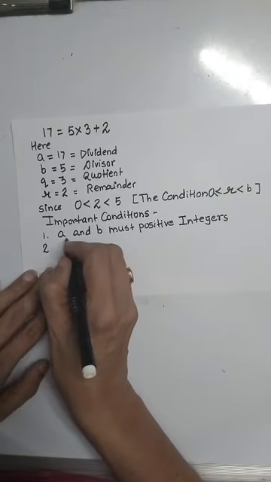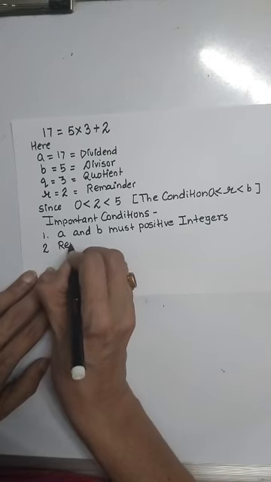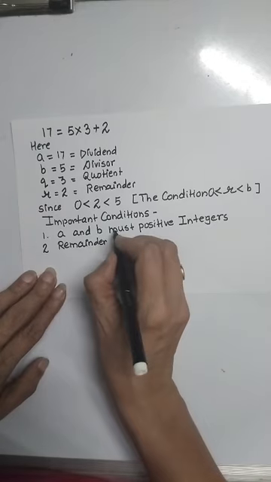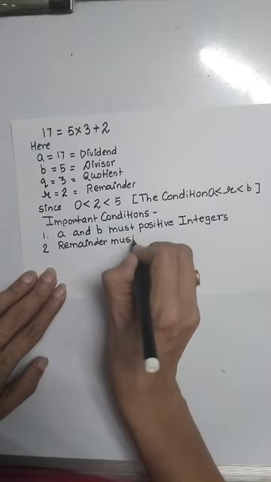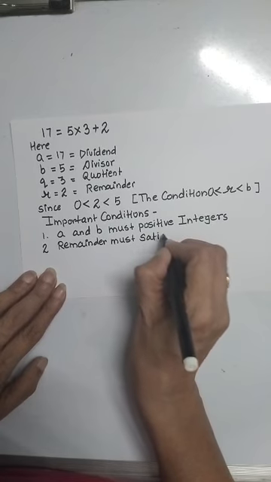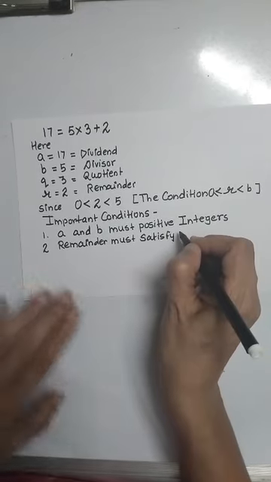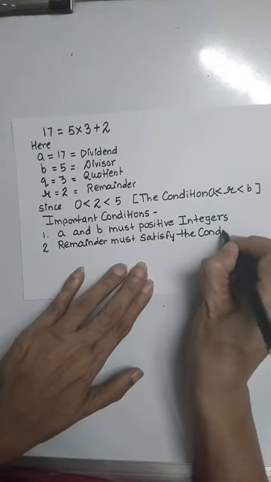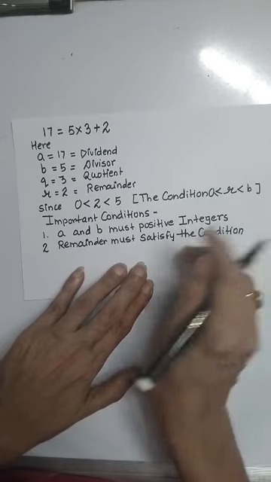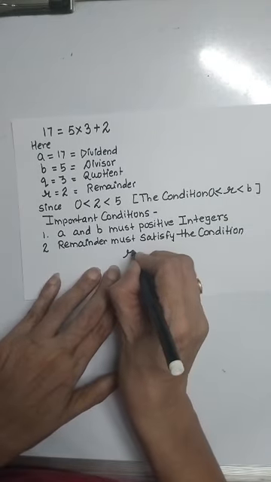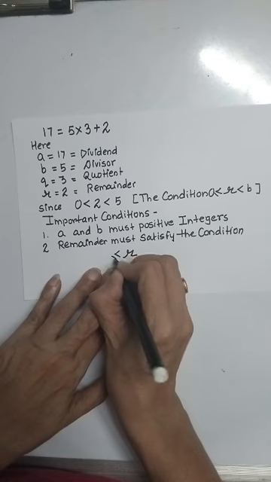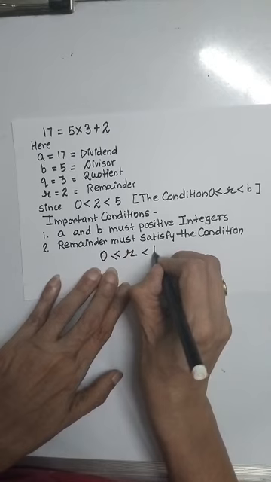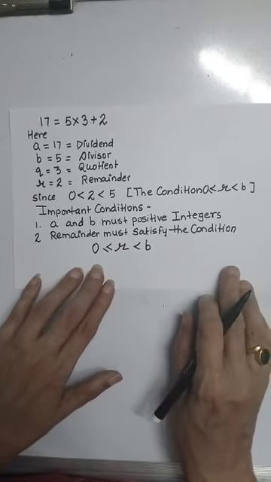must satisfy the condition that is r is greater than or equal to 0 but less than b, that is the divisor.